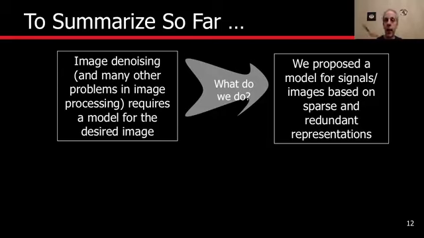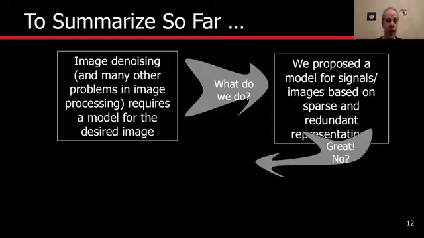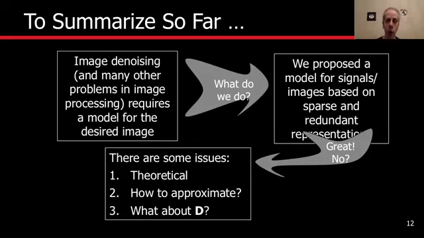The signal is a linear combination of a few elements, a few atoms of a given dictionary. Once we define that, are we done? Of course not. We have all these questions that we just mentioned, theoretical, computational. How do I compute that alpha? And of course, how do I compute a dictionary that is appropriate for the type of signals that we are looking for? So these are some of the questions that we are going to address during the next few videos.